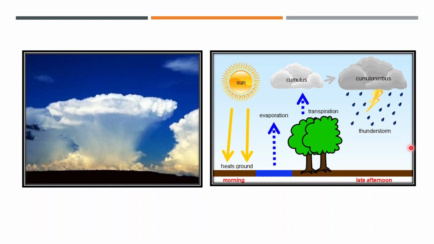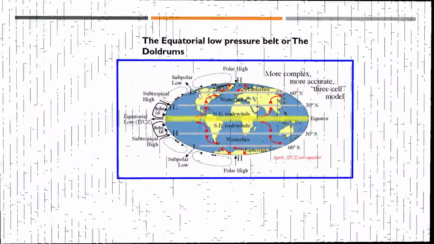This low pressure region experiences very calm conditions with very little wind. Hence, this area is also known as the doldrums.